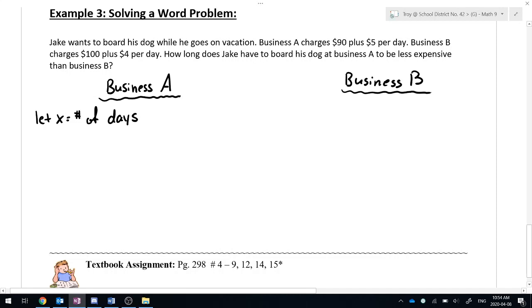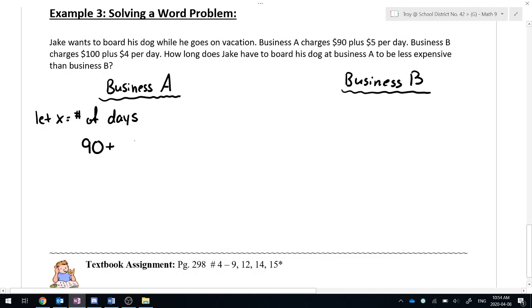All right. So let's make an equation that describes A and B, how much money Jake is going to pay. So business A, regardless, is going to charge $90 just to get in. But to that, we're going to add the $5 every day extra.